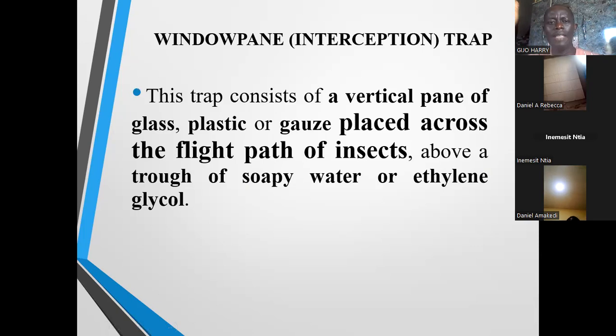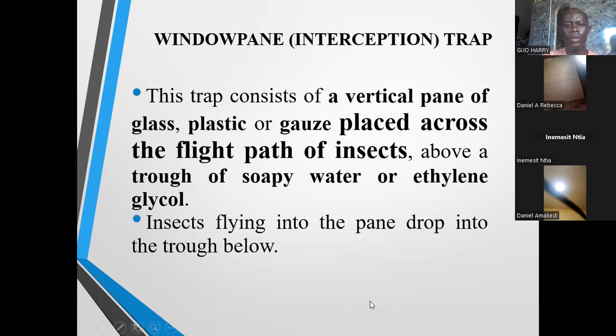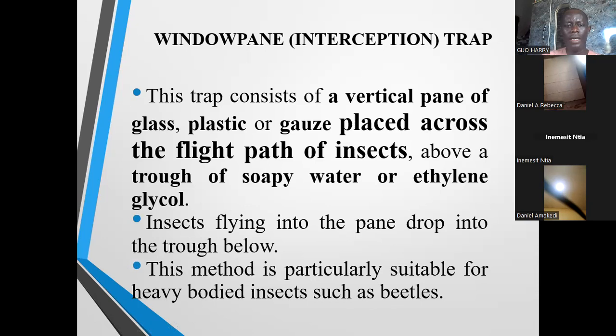As they fly, they hit this pane and then fall into soapy water that's placed underneath the obstruction, or it could also contain ethylene glycol. So they fall in and can't escape. This method is particularly suitable for heavy-bodied insects such as beetles.